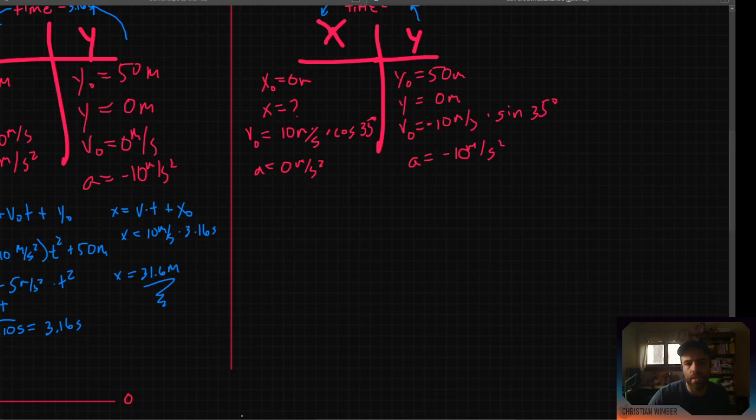I end up getting the sine, so this is negative 5.7. So that's 5.7 meters per second downwards, and then 8.2 meters per second to the right. So we'll need those two values to throw into our equations.